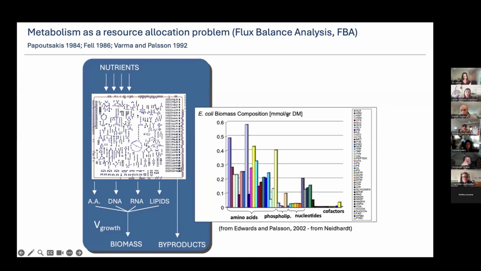And one thing that is still part of ongoing research, and people are trying to explore this, and I think links nicely with models, for example, of macromolecular compositions, is that the composition of a cell is dynamic, and we usually in flux balance models take a fixed biomass composition, but I think there is a whole open field in trying to make this biomass composition dynamically changing as a function of environments and so on.